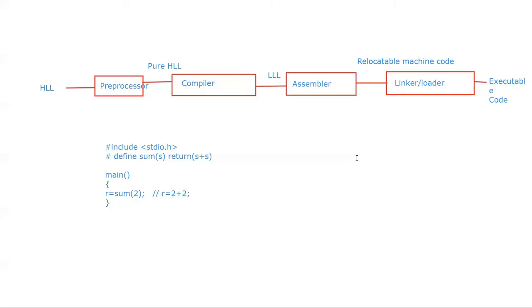So after the linker and loader functions are complete, you will get the executable code. The program will be converted into the exe file, and this exe file is a complete file. So whenever you want to run that program again, you have to run only the exe file. It will simply ask for the input and give you output accordingly, right?